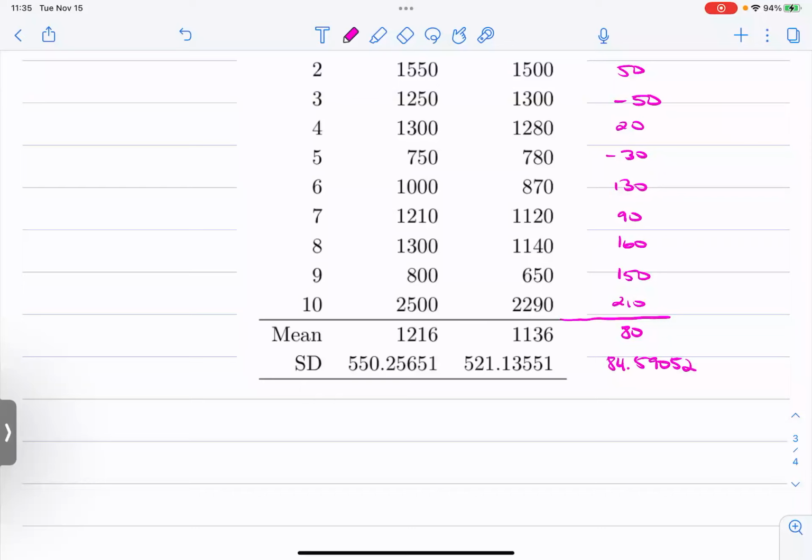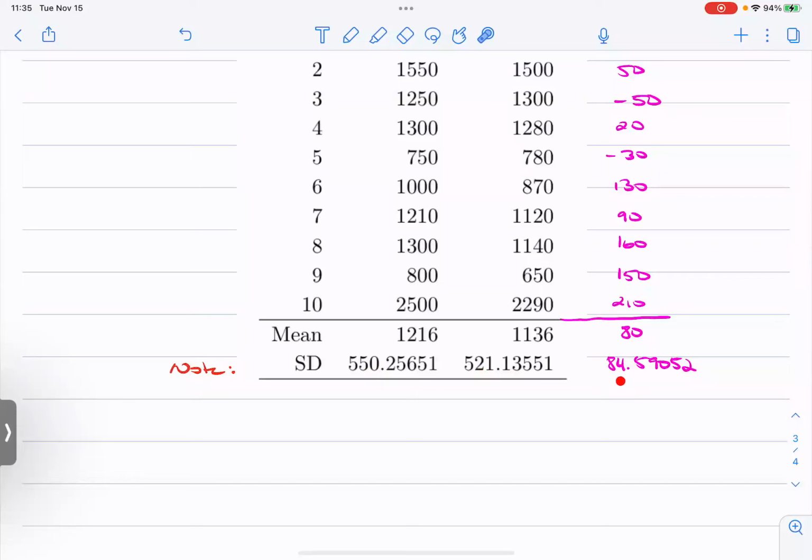One thing that's really important to note here: because of how means work, they will subtract to be 80, because it's linear. Whereas the standard deviation has a square root, and so we can't just subtract them. What I want you to note is that 550 minus 521 is not 84.